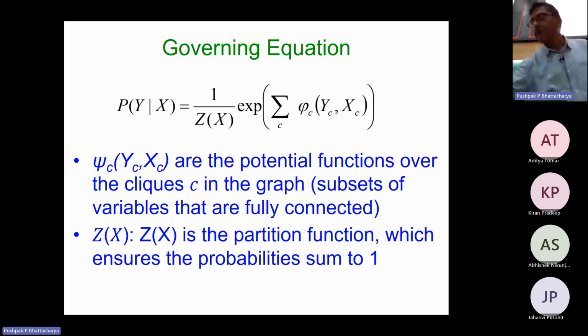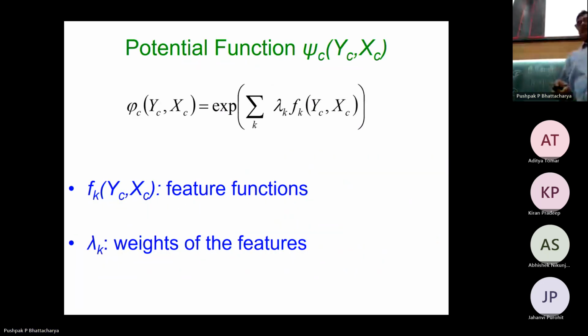Okay, let's proceed. But how does the potential function look? Psi c (yc, xc) looks like the following. It is e to the power sigma lambda k fk (yc, xc). Things are very abstract so far, but when you bring it to part of speech tagging, they will take a concrete shape.